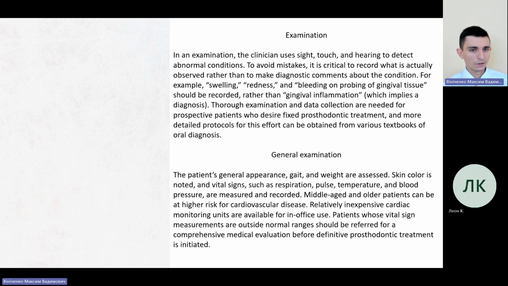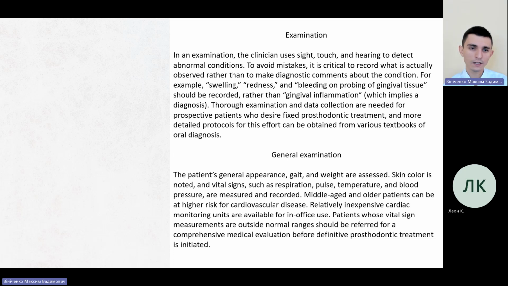Examination. In an examination, the clinician uses sight, touch, and hearing to detect abnormal conditions. To avoid mistakes, it is critical to record what is actually observed rather than to make diagnostic comments about the condition.